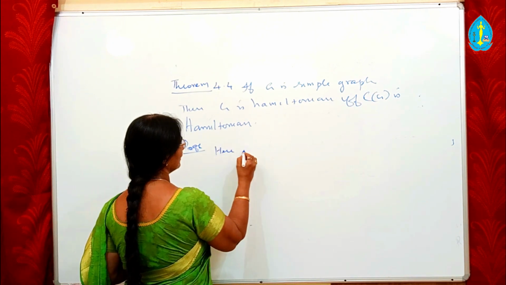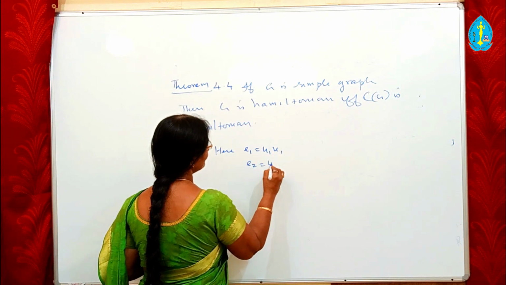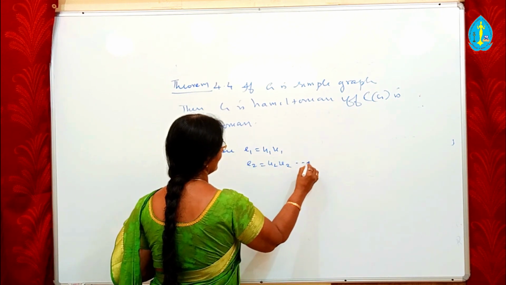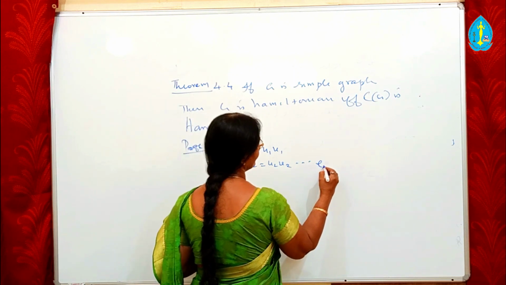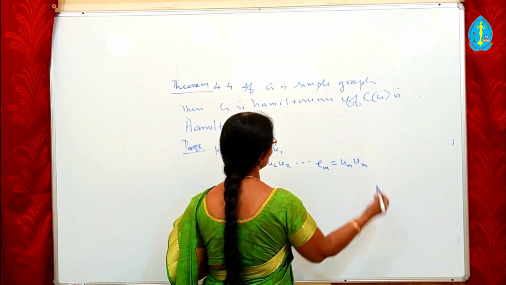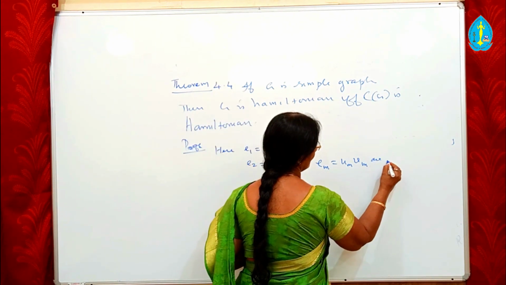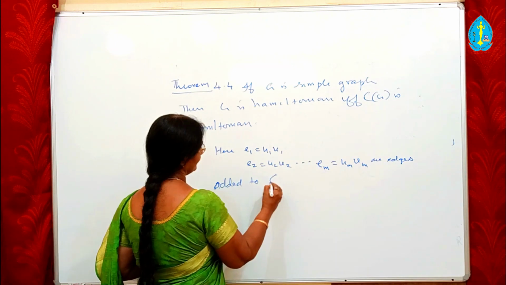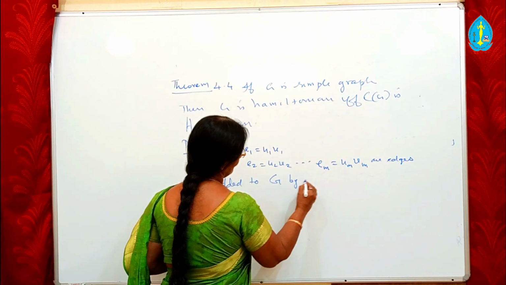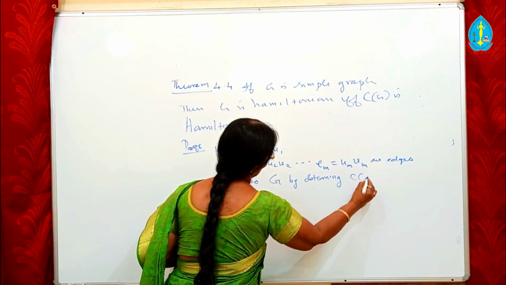Here we take E1 equal to U1V1, E2 equal to U2V2, etc., and Em equal to UmVm, the edges added to G in obtaining C of G.